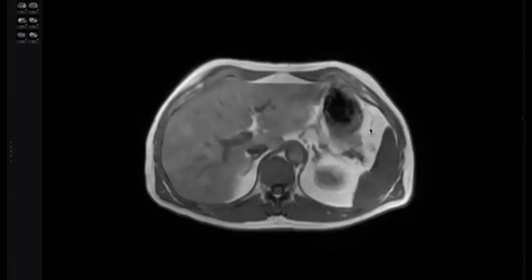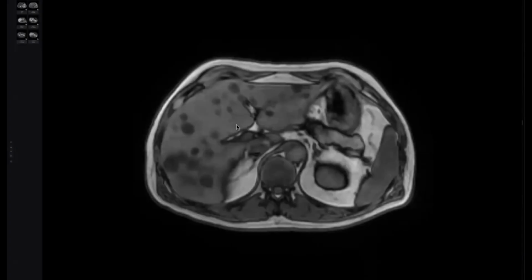But look here, this is the true MRI that we are familiar with. The out of phase looks like the cartoon film of our childhood. I know this may be simple, but really, you will not miss it.